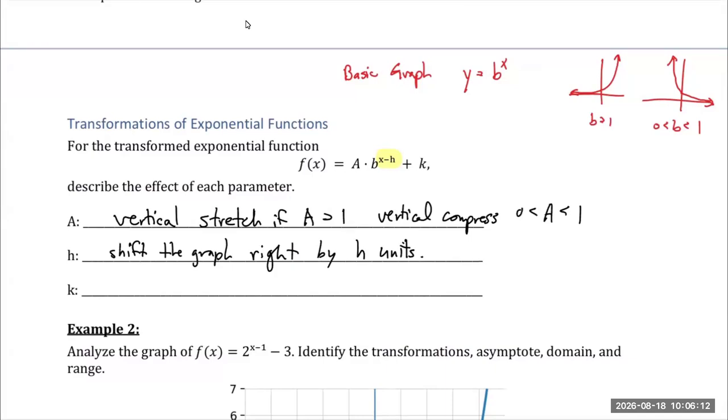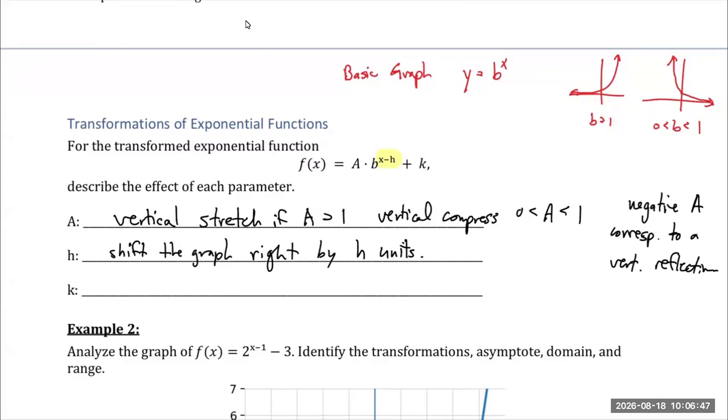So negative A corresponds to a vertical reflection, meaning it's going to flip it upside down. If we had this particular graph right here, but then we multiply by -1, that would make the graph flip vertically and come down like that.